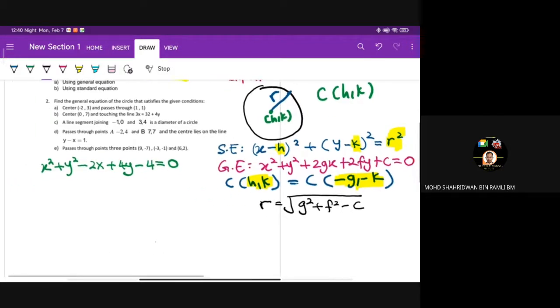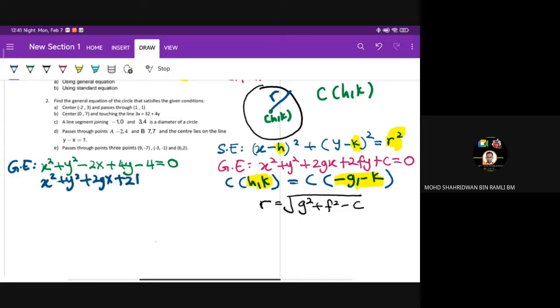When you are given this general equation, you need to compare it with the general equation x squared plus y squared plus 2gx plus 2fy plus c equal to 0. So negative 2 compares with 2g, plus 4 compares with 2f, and negative 4 compares with plus c.